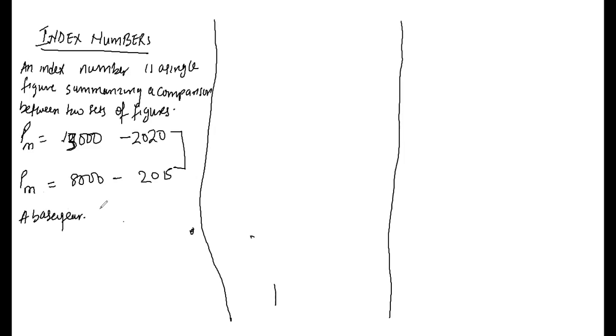A base year. And this is the year which we use to compare all other years. So it's the year against which all other years are compared. Then we have another year which we call the current year.